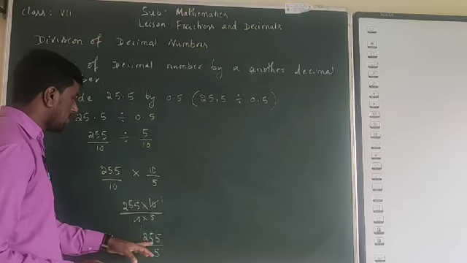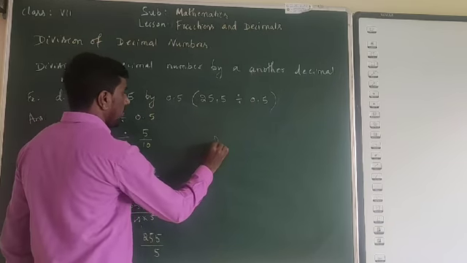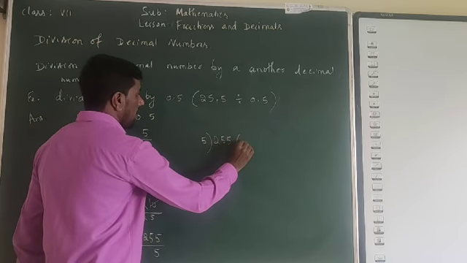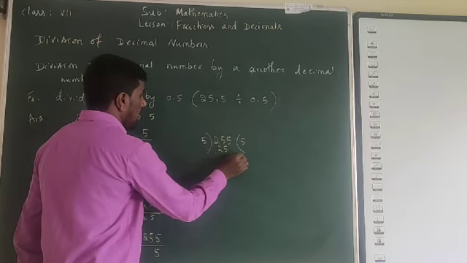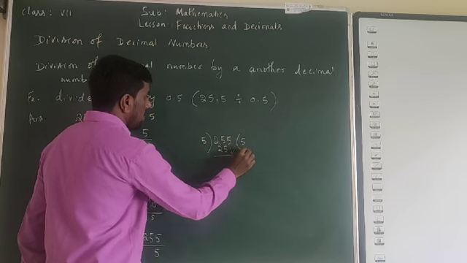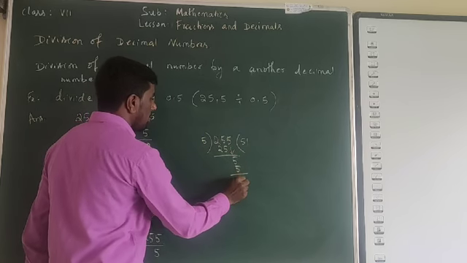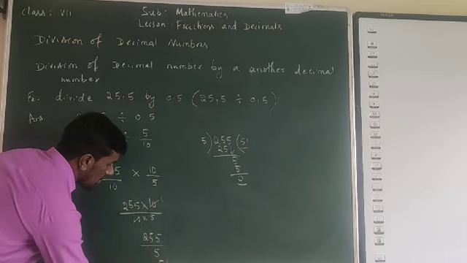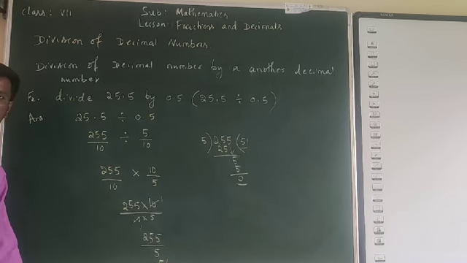Since it is divisible by 5, I can divide it. 255 divided by 5: 5 fives are 25, then the next digit 5, 5 ones are 5, that is 0. What is that? 51. So 51 will be the answer for this.